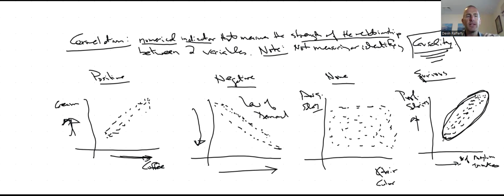But at the same time, let's talk about spaghetti and meatballs. Spaghetti and meatballs tend to have a strong positive correlation, right? One goes up, the other goes up. But is it the spaghetti that makes you say, you know what, we should have meatballs with this? Or is it having the meatballs that says, man, this would go great with a plate of spaghetti? You could probably see an argument both ways.